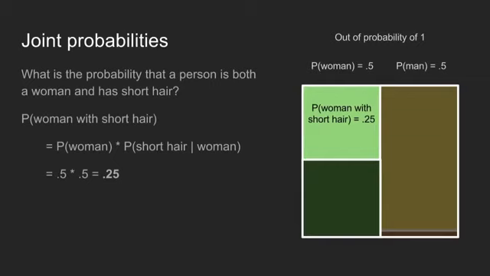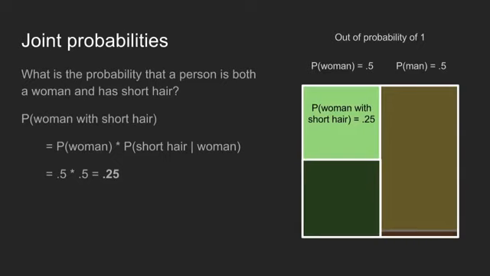Now, concept 2, joint probabilities. What's the probability that a person is both a woman and has short hair? To calculate a joint probability, you first find their conditional probability. Well, if I know that they're a woman, what's the probability that they have short hair? And then you multiply that by the probability that they're a woman.